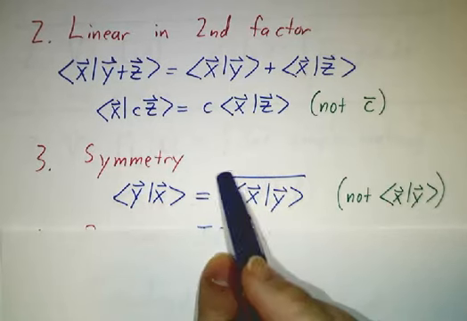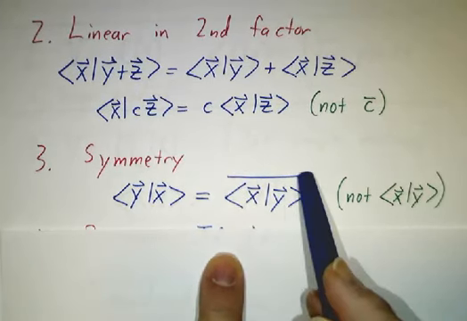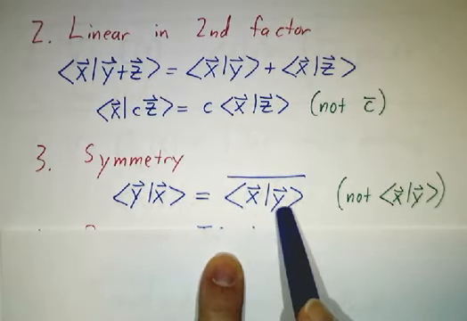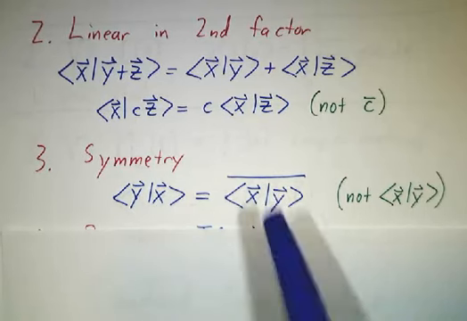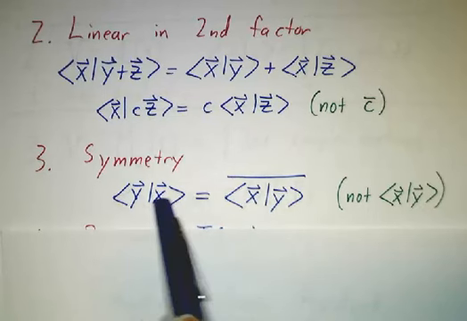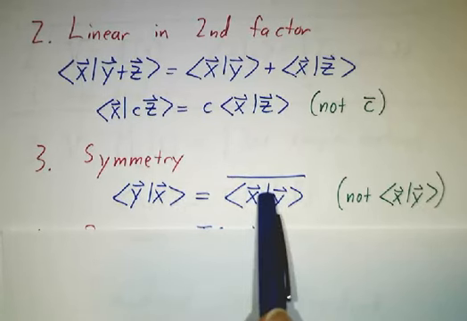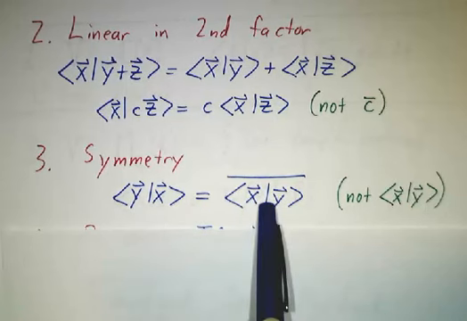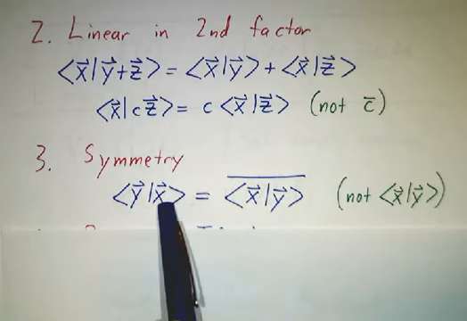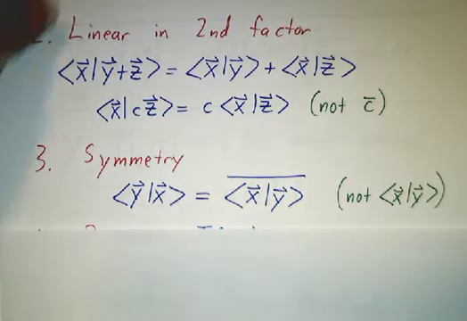But if you then conjugate the whole thing, you unconjugate the x terms and you conjugate the y terms, and you get what you would have had over here. So the symmetry, order does matter, but it only matters up to taking conjugates. The size of y dot x is the same as the size of x dot y. They're just complex conjugates of one another.